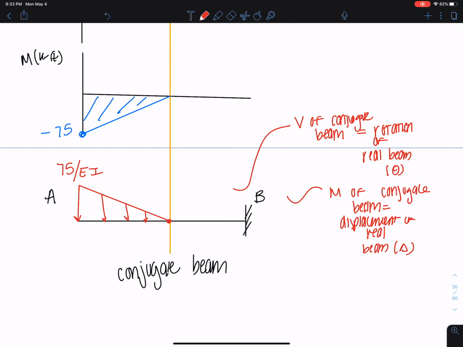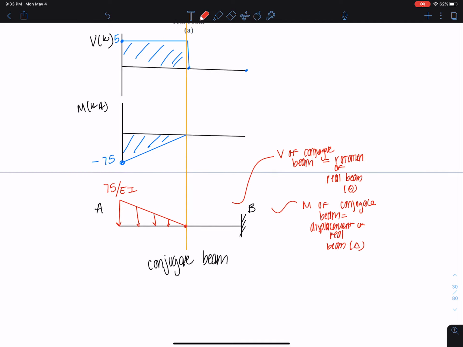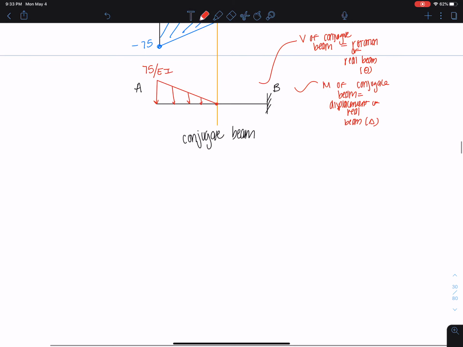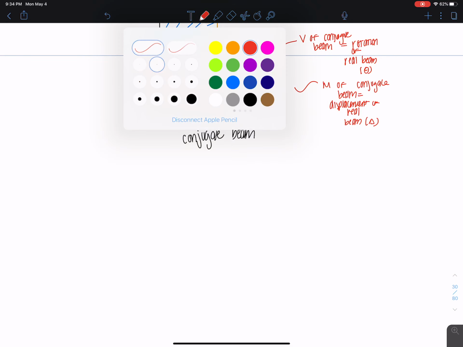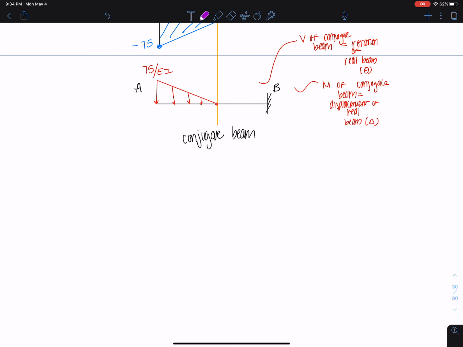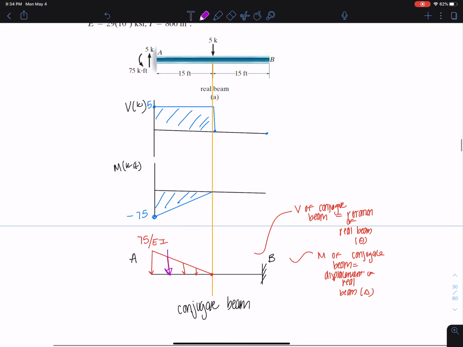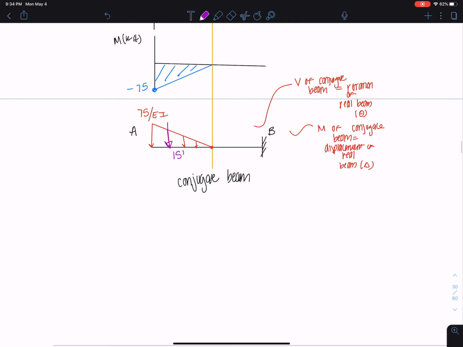This is that delta value. Now this is going to be a quick analysis. We have our resultant here. This is still 15 feet, 15 feet, 15 feet. We need to calculate our shear for the conjugate beam and our moment for the conjugate beam.